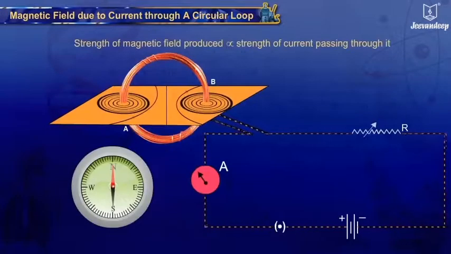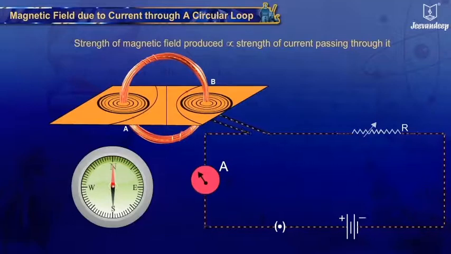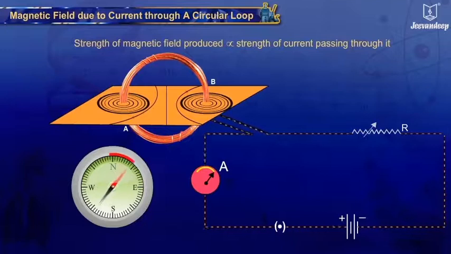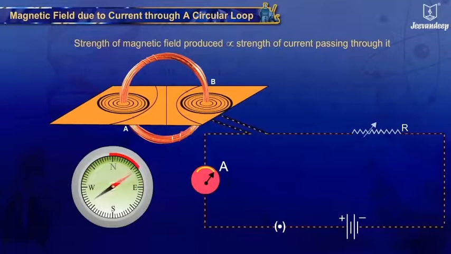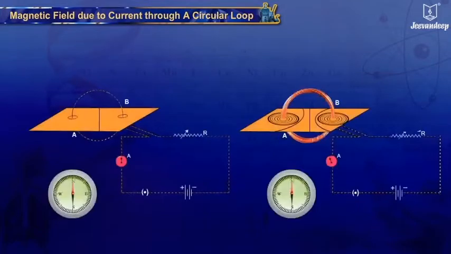The strength of magnetic field produced by a current-carrying wire at a given point is directly proportional to the magnitude of current passing through it. If the coil has n turns, the field produced is n times stronger than the field produced by a single turn of the wire.